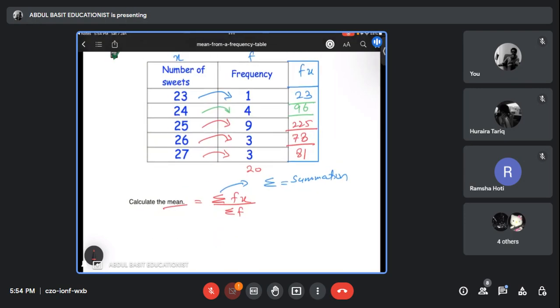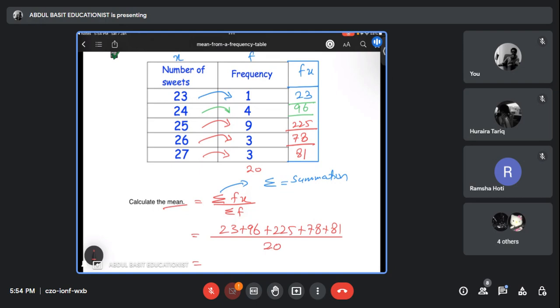So now summation means add all of them. So you have to add all of the fx column: 23 plus 96 plus 225 plus 78 plus 81. The total frequency is already 20, we know this already, so you have to add the numerator.